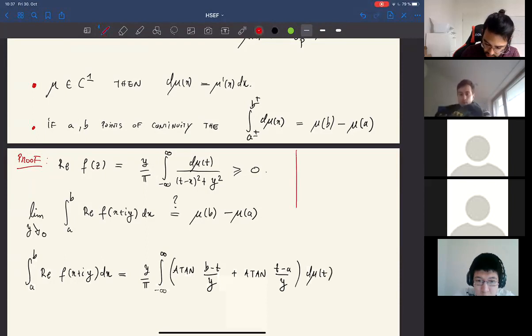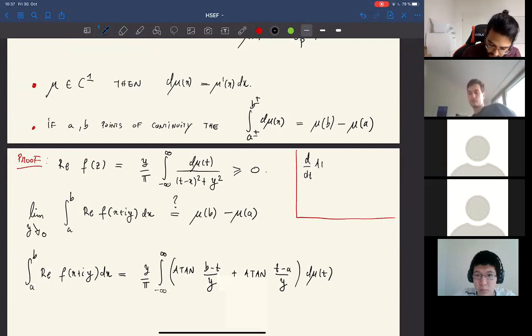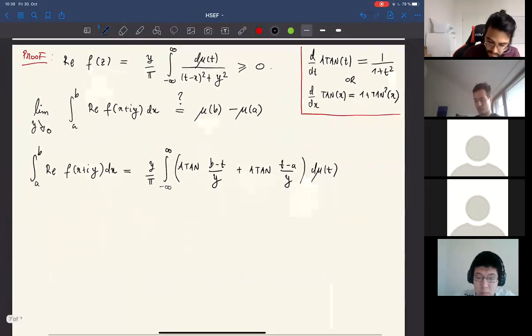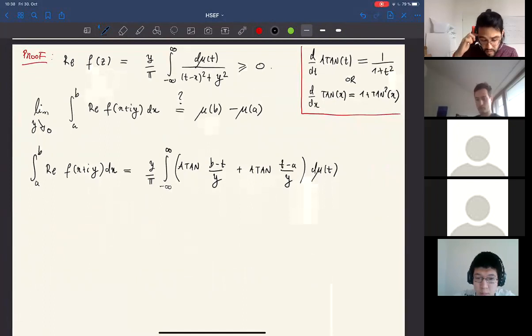I always write arctangent as a tangent inverse. And what we used here was the fact that d dt of the arctangent function is just 1 over 1 plus t squared, or equivalently that d dx of the tangent of x equals 1 plus tangent squared of x. That's what we used. Okay, so we do have that.